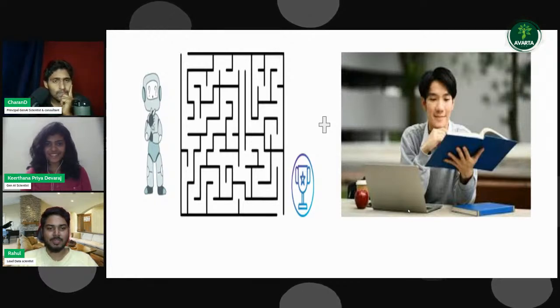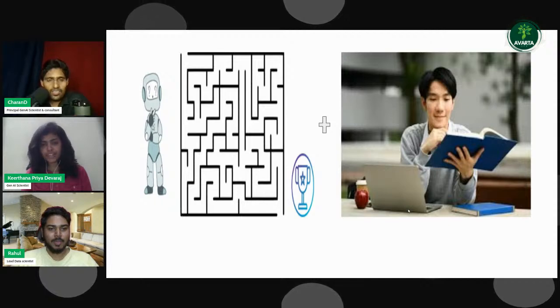No, that's not it. So what is that? It's just learning. Just a human reading something. But there is one more image also, right? Yeah, a robot with a reward. Reinforcement learning.